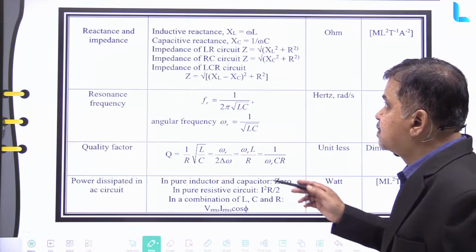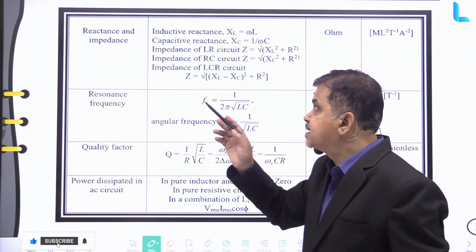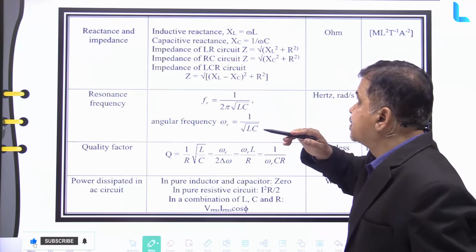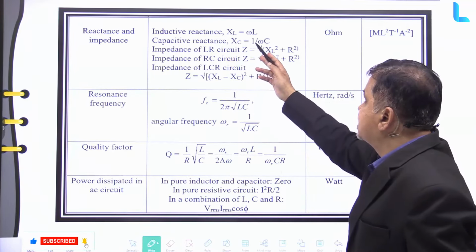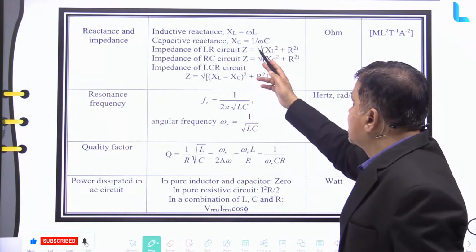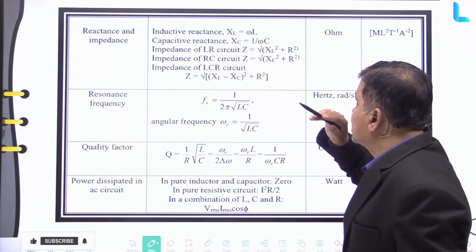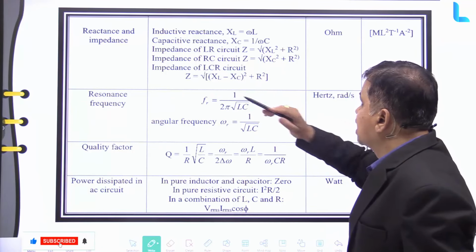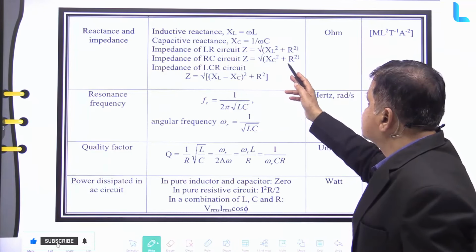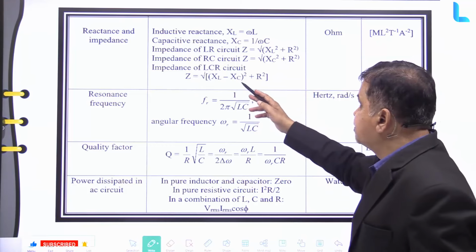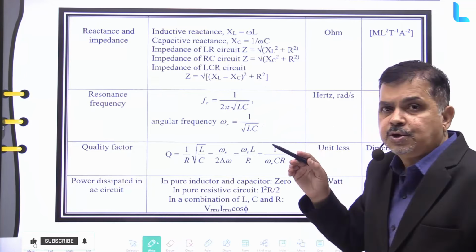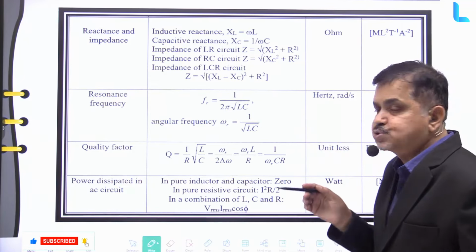Next, for the physical quantities of reactance and impedance, the inductive reactance is given by XL equal to omega L, and the capacitive reactance is given by 1 divided by omega C. The impedance of an LR circuit Z is given by square root of XL square plus R square, and the impedance of an RC circuit is Z equal to square root of XC square plus R square.